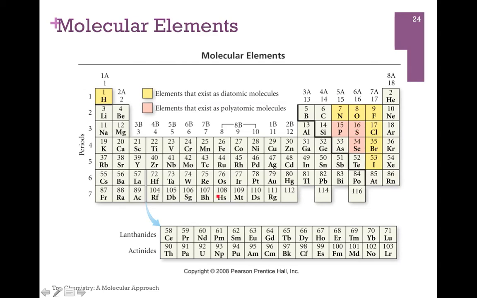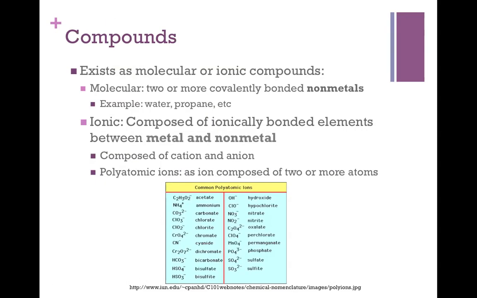And all the rest here, this tan color, these exist as one atom, so it's not like H2, O2, or N2 or anything like that. They're just like carbon. And then we looked over compounds, so you have molecular and ionic. And in the next lecture, we'll actually go over how to name ionic compounds.